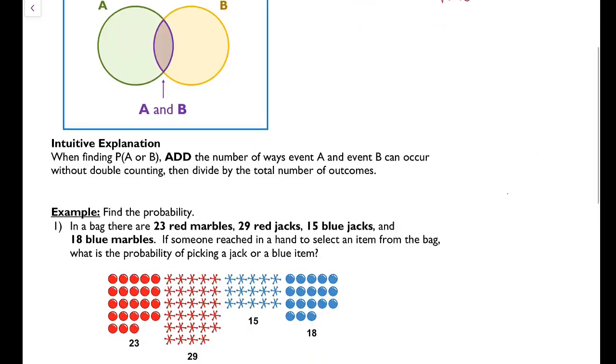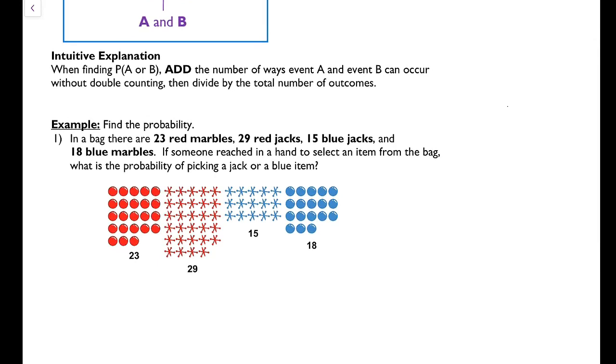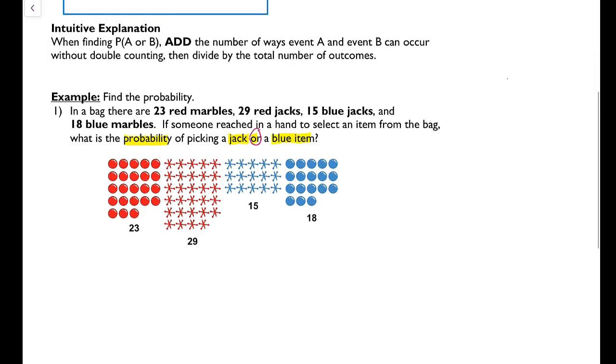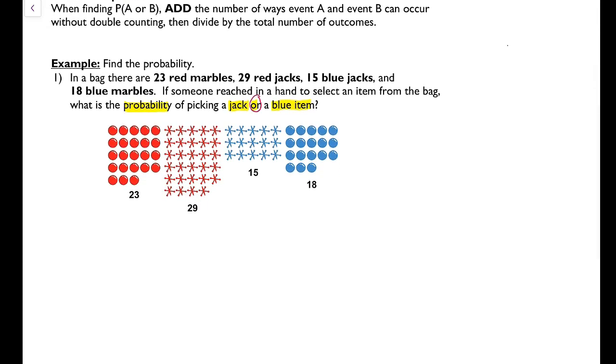Let's go ahead and look at this simple example to try to make sense of the addition rule. So in this case, we have in a bag 23 red marbles, 29 red jacks, 15 blue jacks, and 18 blue marbles. If someone reached in a hand to select an item from the bag, what is the probability of picking a jack or a blue item? So we're trying to find the probability of picking a jack or a blue item. This is an OR probability in a single trial because we're selecting an item, which is, again, a single trial.